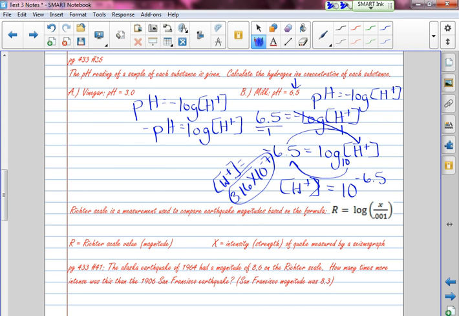You want the H plus by itself, and you do not have a log on both sides, so you can't cancel it out. You know the common base is 10, and you do your cycle. So check this out: 10 to the negative pH power equals H plus. Look at this, you did 10 to the negative 6.5 power. 6.5 was the pH. This formula will solve that kind of question every time.